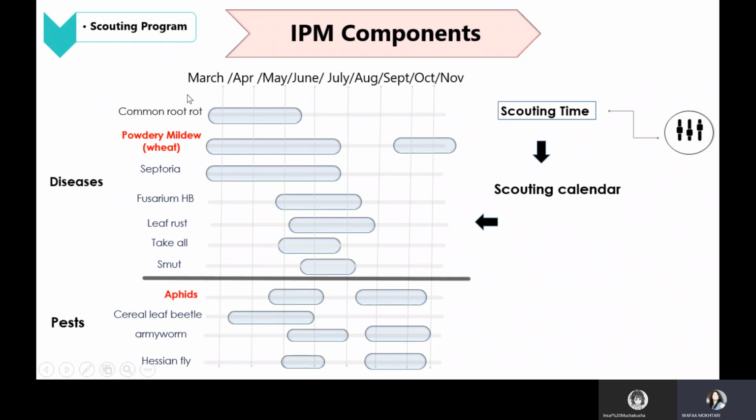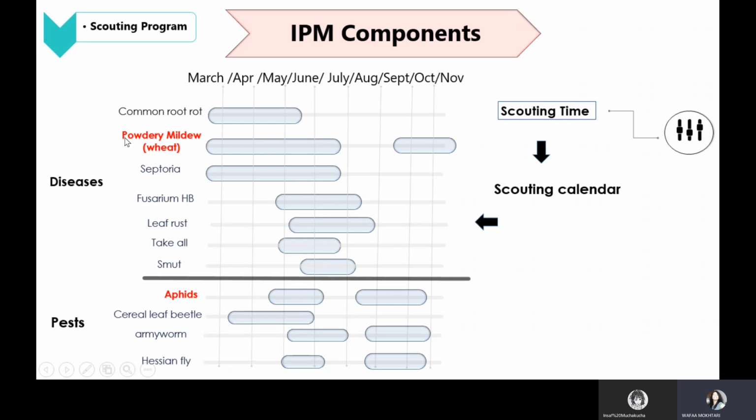Scouting time is really important during the scouting program because you need to know your crop and the diseases and pests that often attack it. This is why you need to have a scouting calendar. The scouting calendar lists the most common diseases and pests that attack your crop during the season you are planting.